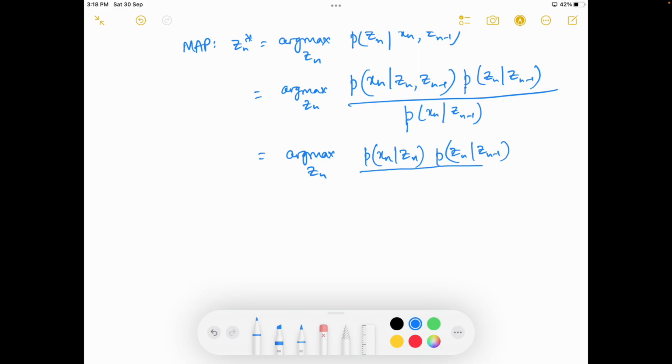The denominator is independent of Zn and plays no role in the optimization, but this is what the term is. The numerator term plays a role in optimization. And both are known quantities from HMM. So in this way you can do inference.